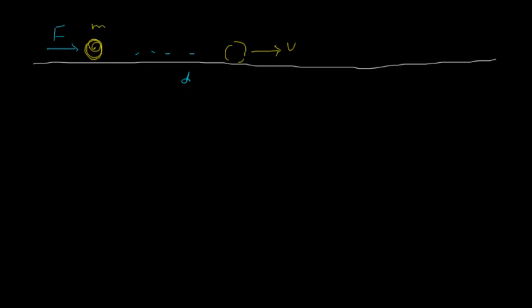Now when it has reached this velocity v, its kinetic energy would be half mv squared. Now we know that the work done is given by the formula Fd, force times the distance.